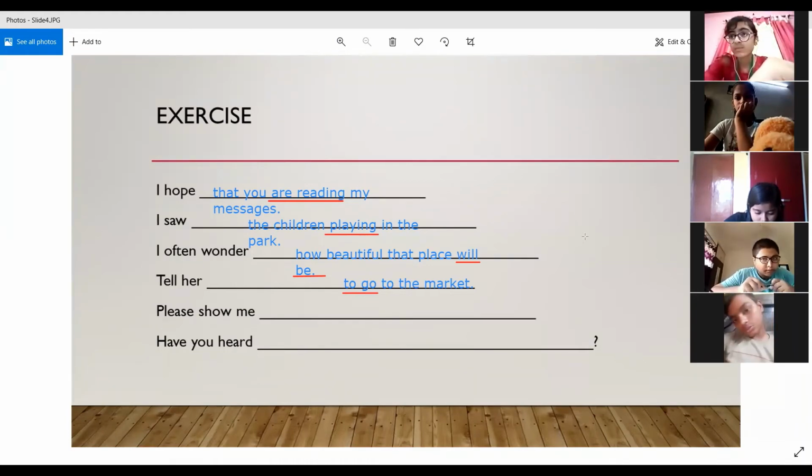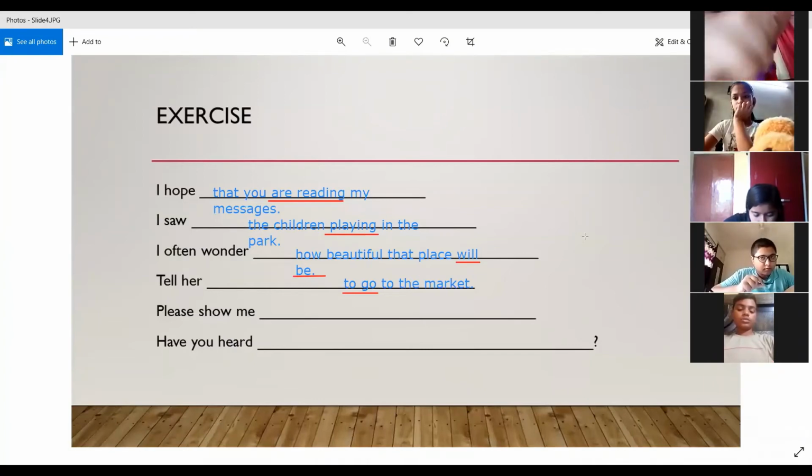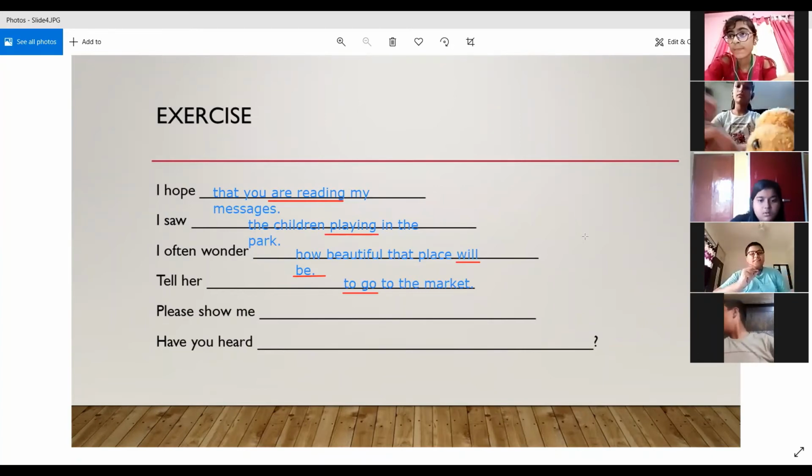Why give? Because I think with she it should be gives, because she is a singular subject, and singular subject takes singular verb, and for singular verb we have to put s after the verb. Yes, sir. Remember? Don't forget the chapters that you have studied before.